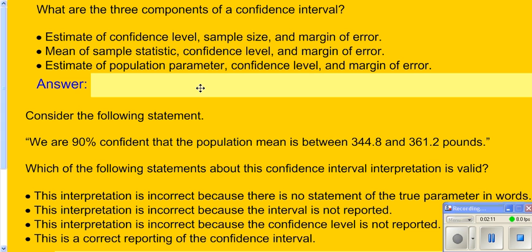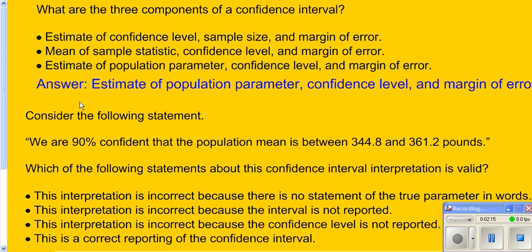What are the three components of your confidence interval? You need an estimate of your population mean, your confidence level, and you need your margin of error. These are the three things you're going to need to evaluate the next several statements to see if they are correct confidence intervals or missing part of it.